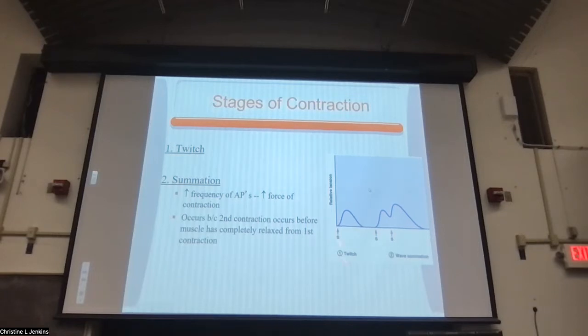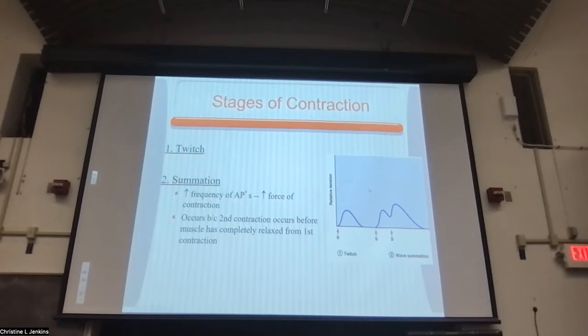If we send one nerve impulse, we'll get one contraction and we're done. That's a twitch. But if we want a sustained contraction, we will start to send repeated nerve impulses. That's what I said, right? Most of the time, we have to send multiple nerve impulses to get that sustained contraction.